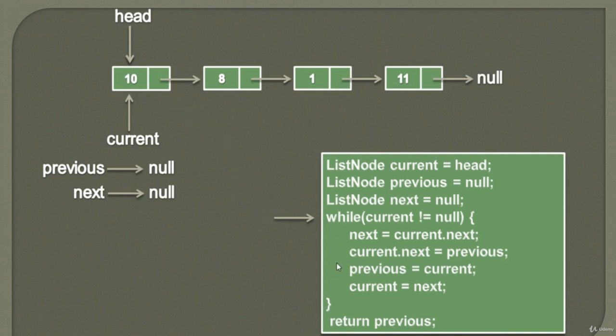So this while loop executes, and then what we'll do, here we see this next points to null. So we'll assign the current's next node to it. So if you see current points to the first node and its next points to the second node, so we'll assign current's next value to the next node. So then it will become something like this.